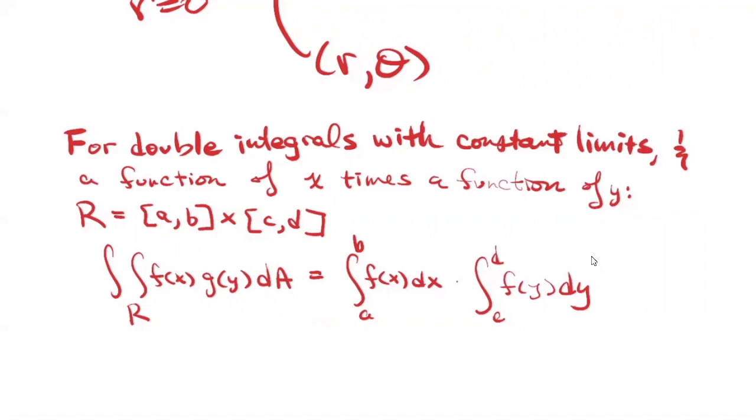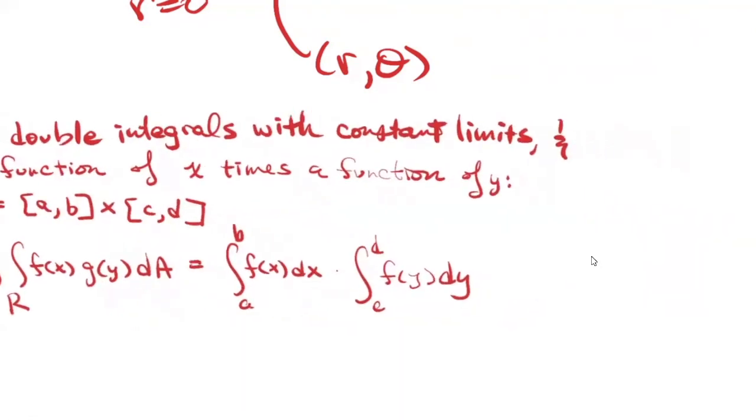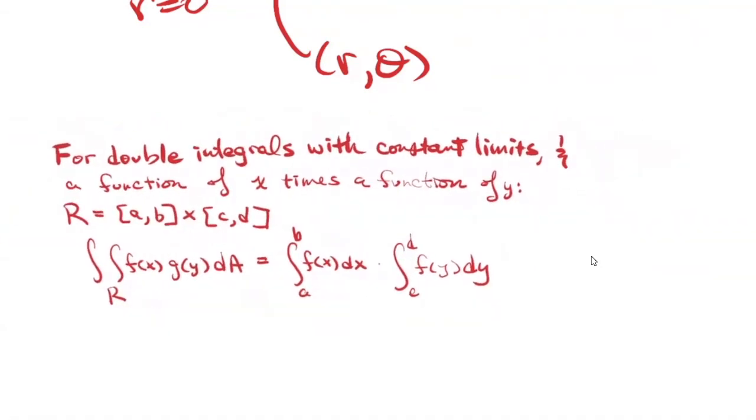This is a principle that we laid down, and it's super handy. It just makes it faster. So you have to have constant limits, and you have to be integrating a function of x times a function of y, and you can break that into two integrals. I showed you where that came from, but it's not hard to show. It's in the book, it's in the notes.